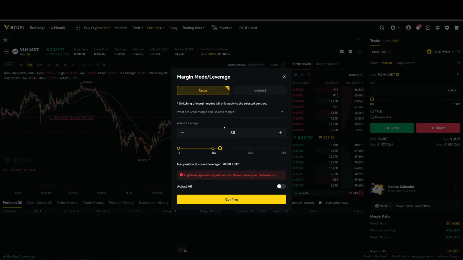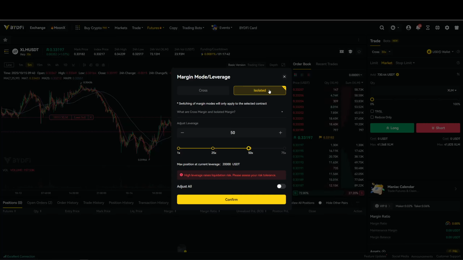I'm in a cross trade for like a 50x or something, which is extremely risky. I'd have to be pretty sure that the token was either going up or down, whichever way, that I had planned to take the trade, long or short. So if I choose cross and I get liquidated, then that means they take all of my money out of the account. Like all the money is wiped out.